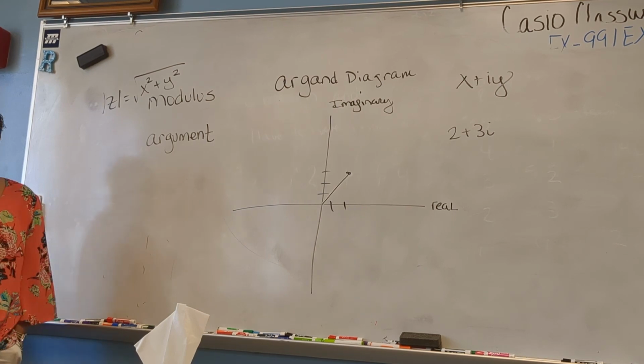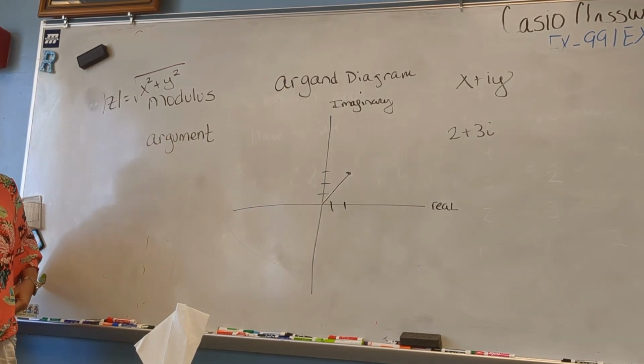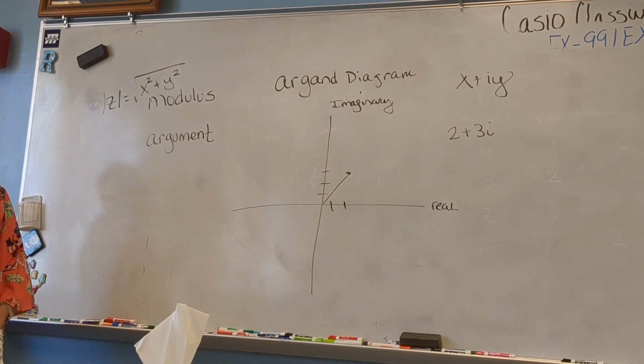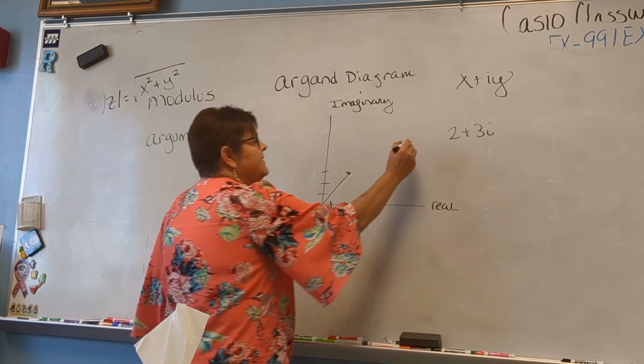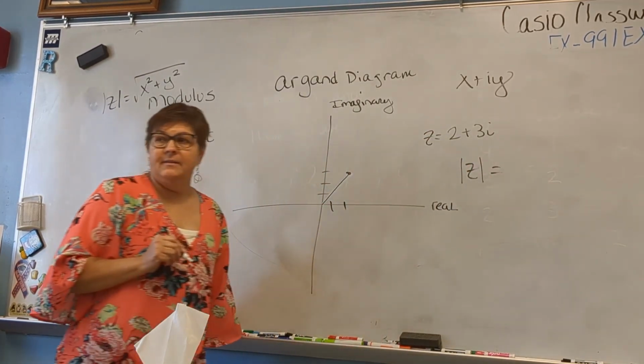Does this look familiar at all? What does that look like? The magnitude. Exactly right. So what is the modulus of 2 plus 3i? We could call it z is equal to that. So what is the modulus of z in this particular case?